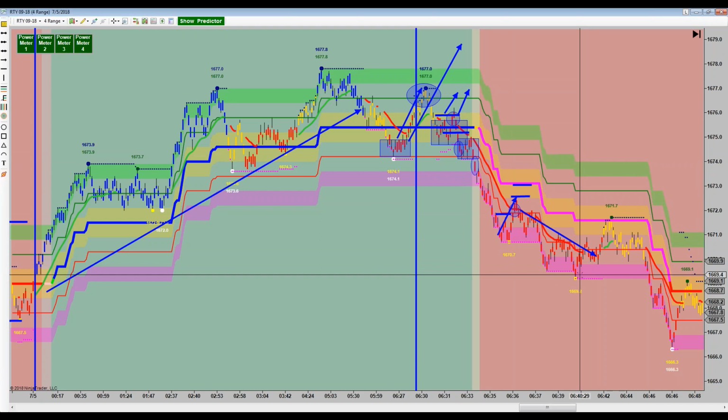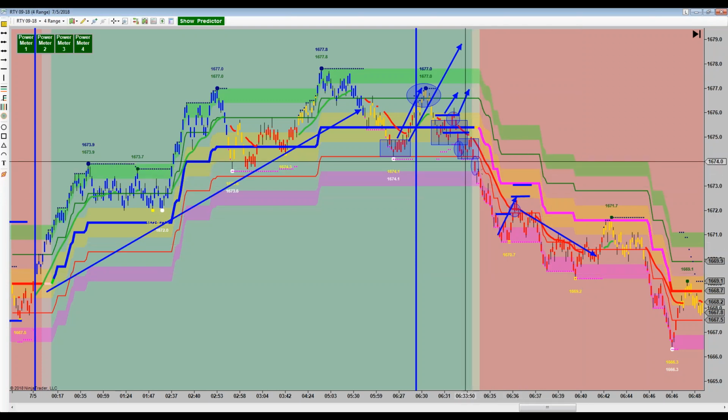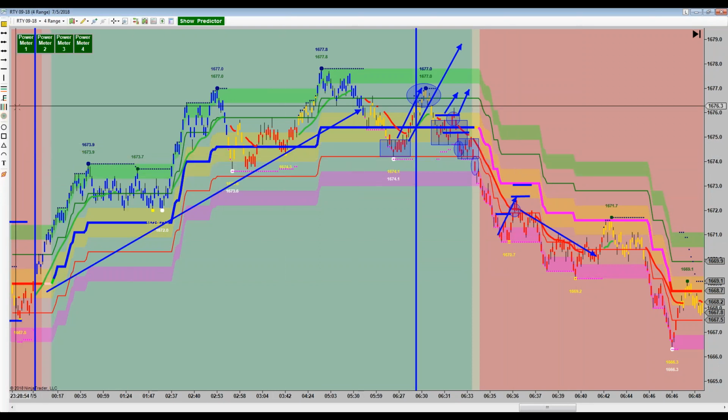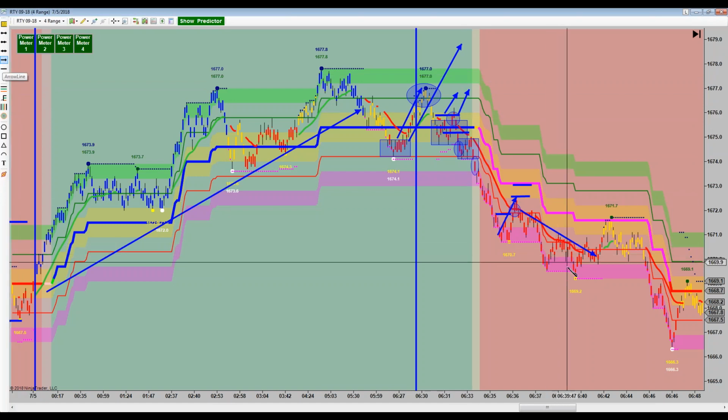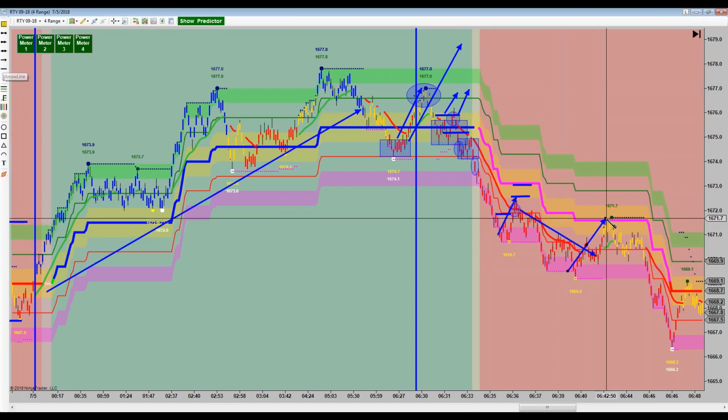Now, this is where studying your instrument comes into play. You have to have a good feel for when you have a certain amount of movements, how much does it tend to pull back? In the case of this 50 tick movement here, from here to here, it's not unusual to expect, say, 30, 35%, 50% pullback, which would be 25 ticks, taking you all the way right back up to the midband here.